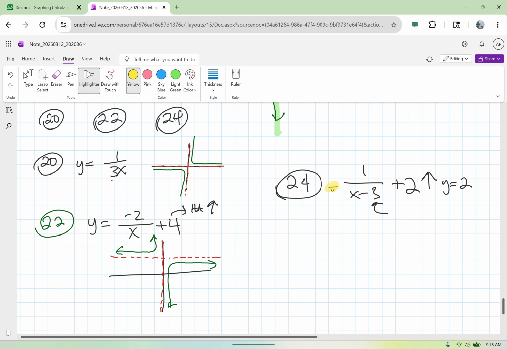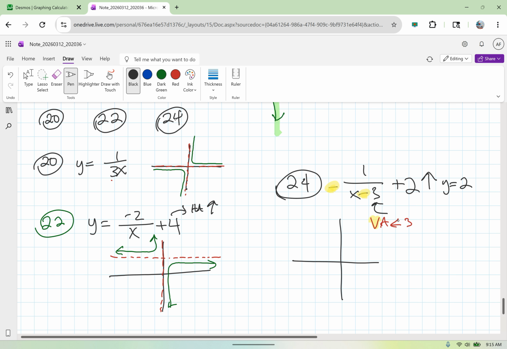But check out our negative. We have a negative times a negative, which makes a positive. So this is going to turn into a vertical asymptote. Negative, negative, positive. It's going to make it go left 3. And the negative, again, is going to flip our graph.